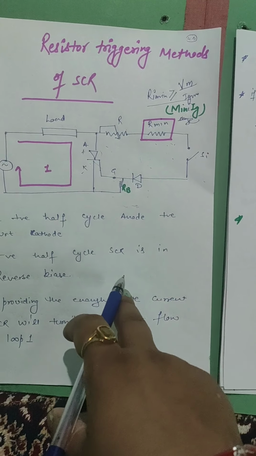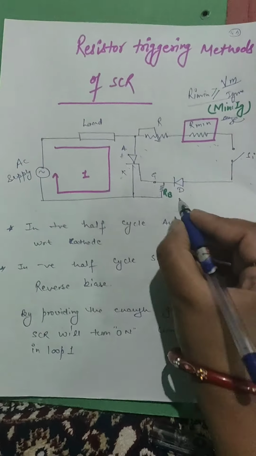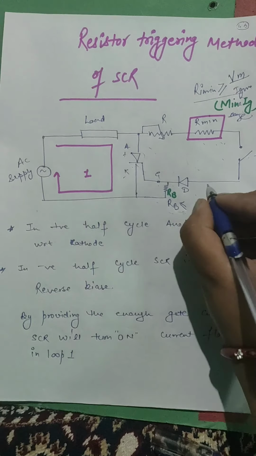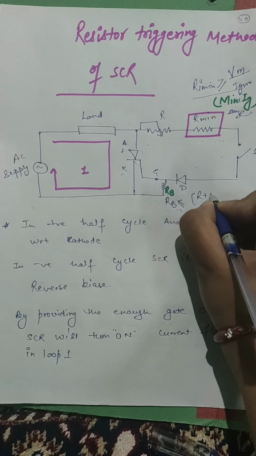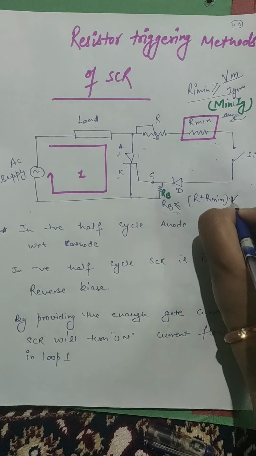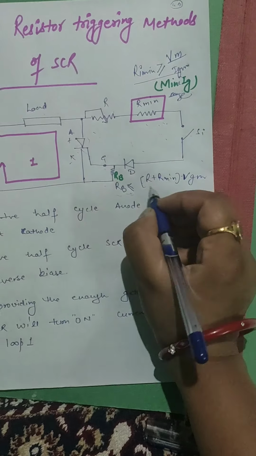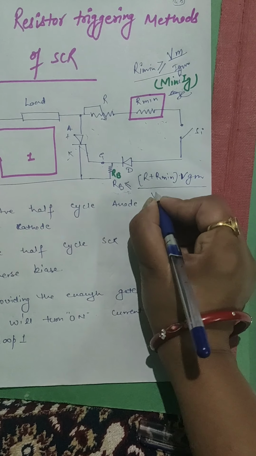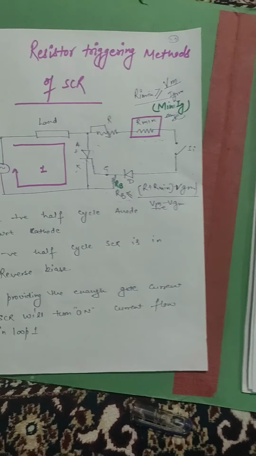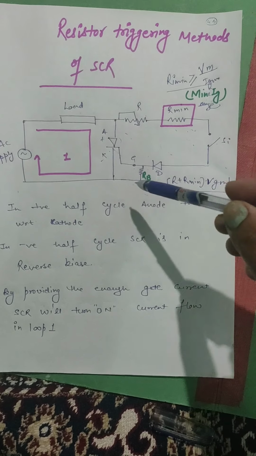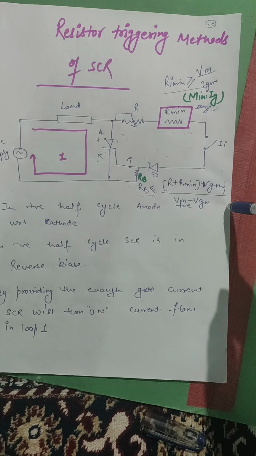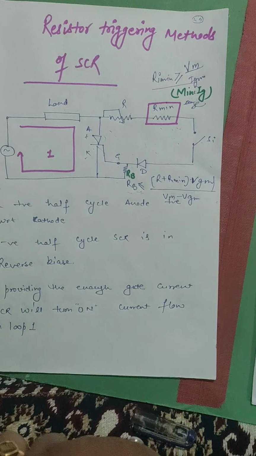RB should be less than or equal to (R plus R minimum) times VGM upon (VM minus VGM), where VGM is the maximum gate voltage.